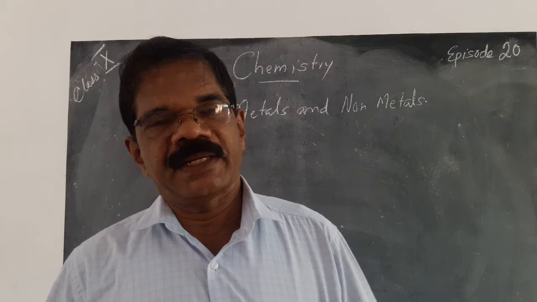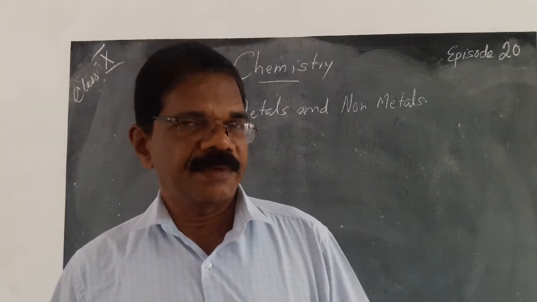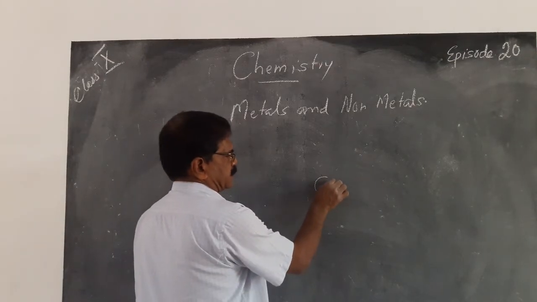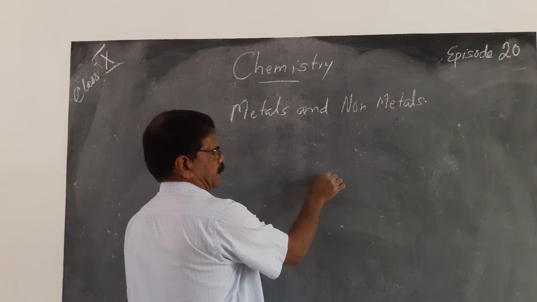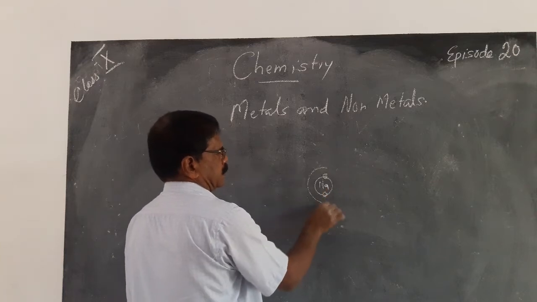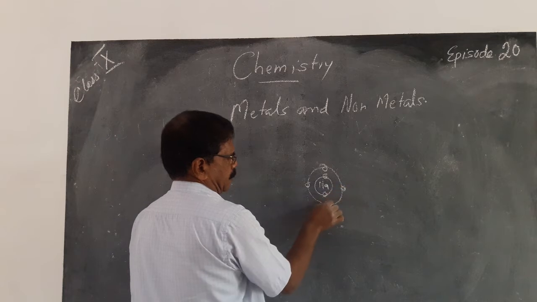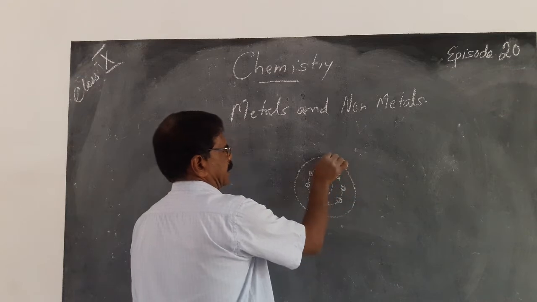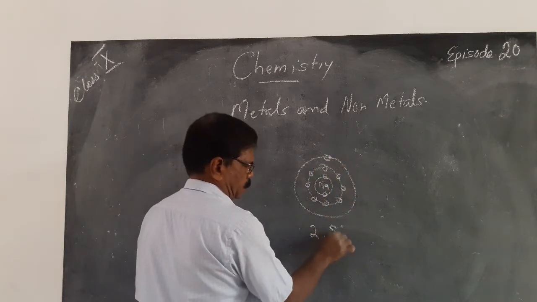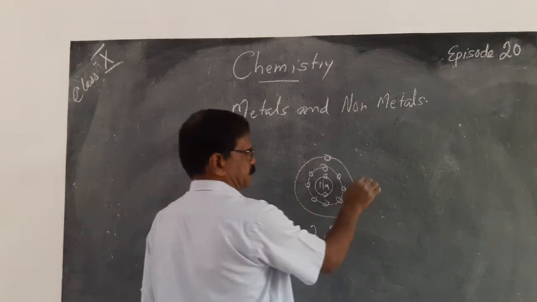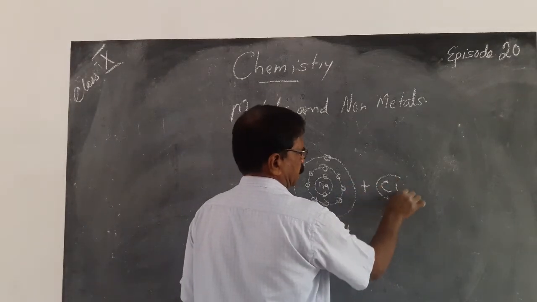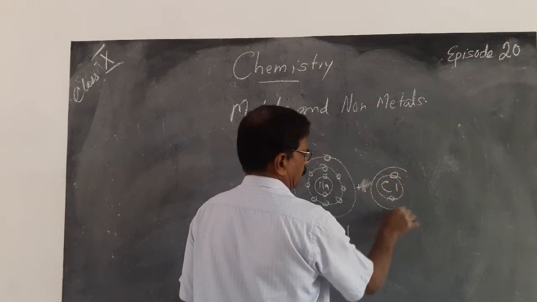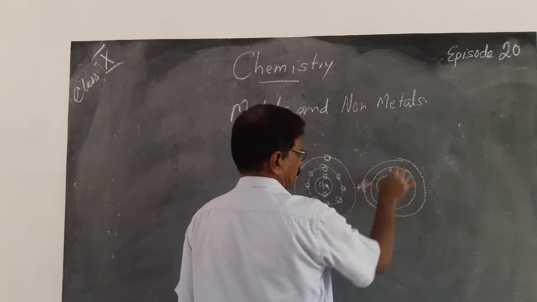Sodium atomic number 11, number of protons 11, number of electrons 11, and the electronic configuration is K shell 2 electrons, L shell 8 electrons, and M shell 1 electron: 2, 8, 1. Why does it combine with chlorine? Chlorine's electron configuration is 2, 8 and 7.